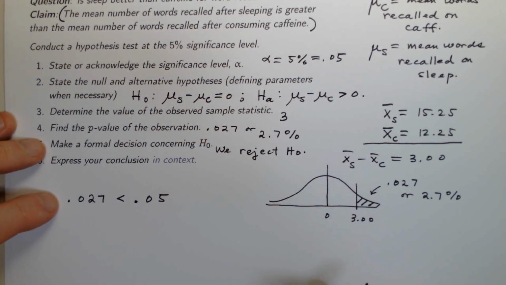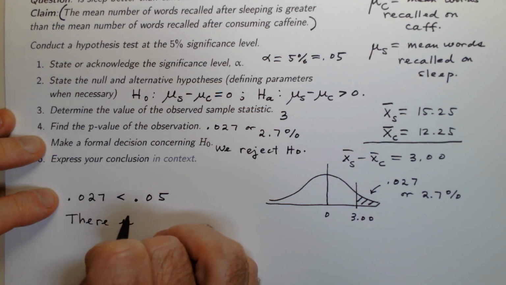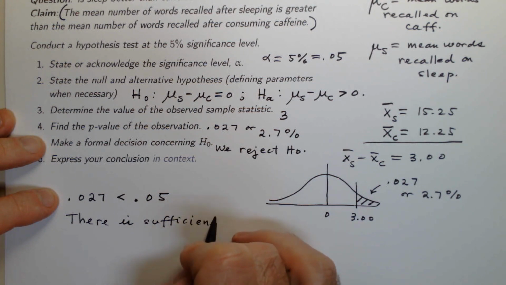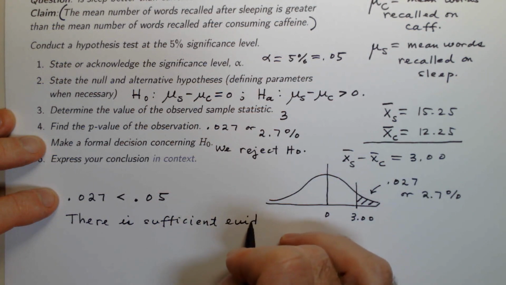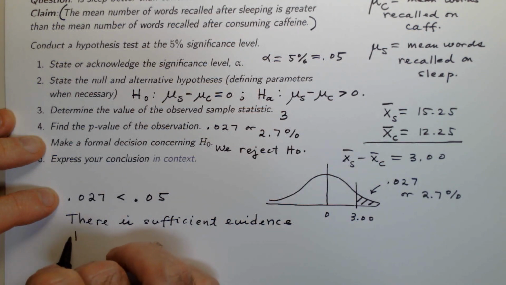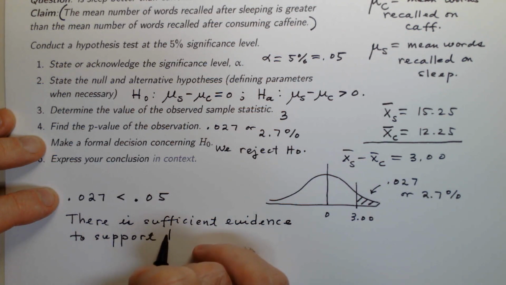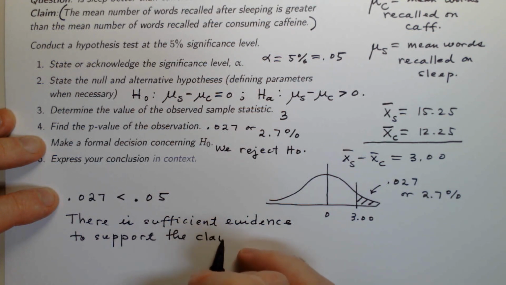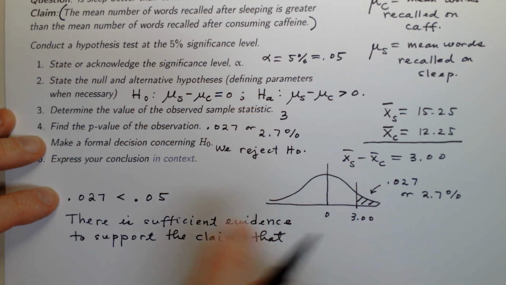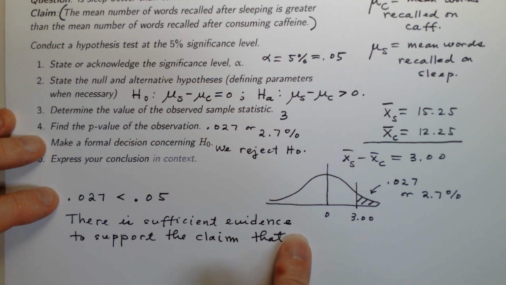We're going to say something like this: there is sufficient evidence to support the claim that, and all you have to do here now is just take the text that you have in the claim and append it to this clause.